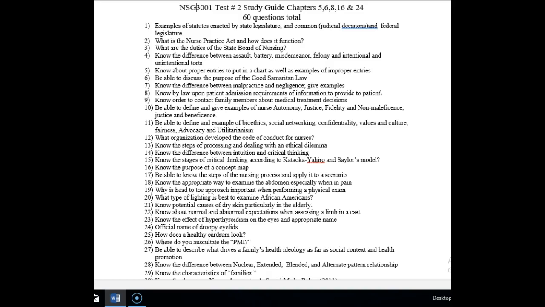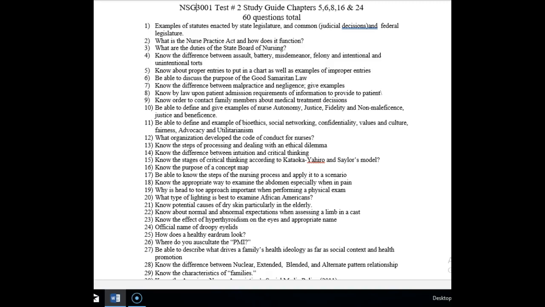Justice is basically principles of fairness. And most of these definitions you could usually find anywhere between pages 77 to about 79 in your book. Okay, so after justice, which is just being fair, the next would be fidelity.